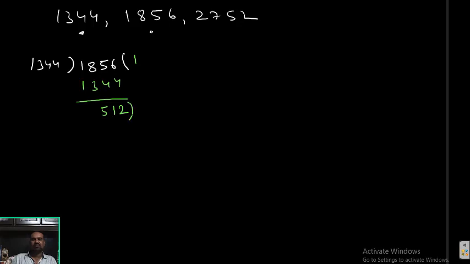Now this becomes the new divisor and 1344 becomes the new dividend. 512, twos are 1024, 4 minus 2 is 2, 320.